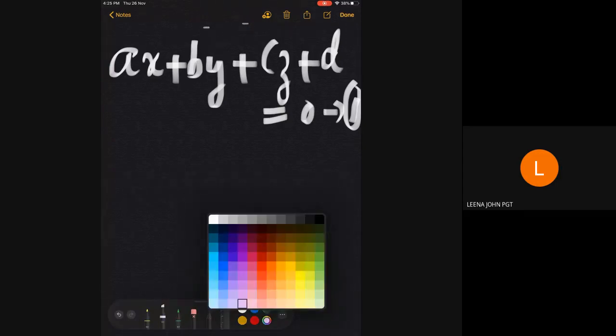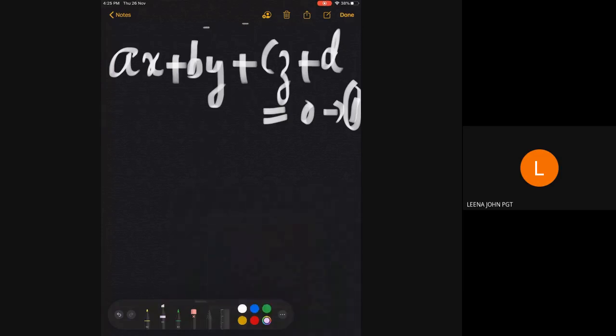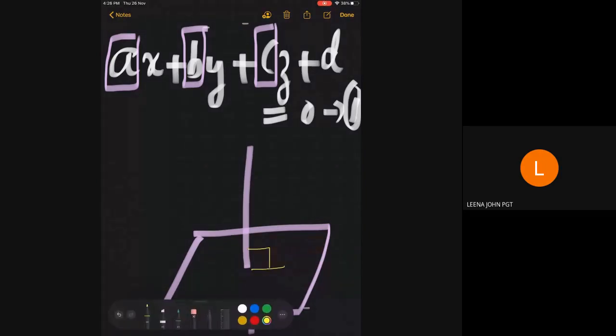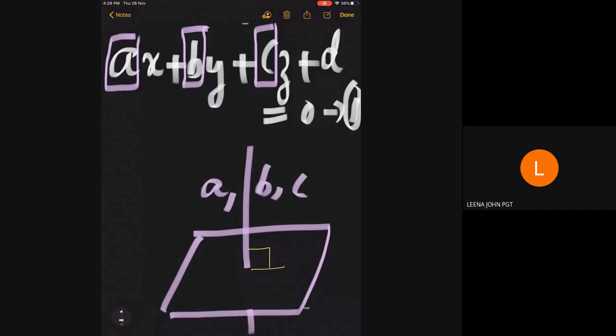You have learned that a, b and c are the direction ratios of the normal to the plane. Normal means a line perpendicular to the plane, and the direction ratios of the normal are a, b, c.